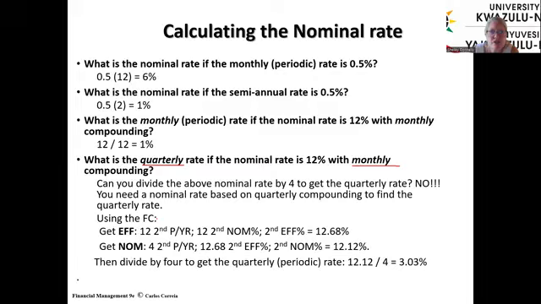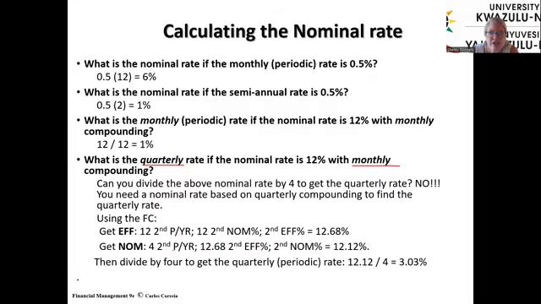We can use our financial calculator. First, we'll take the rate itself, which is 12% with monthly compounding, and we'll convert that to an EFF, an effective rate. So I'm putting my PYR setting on 12. Then you enter 12 as your nominal percent and you ask for the effective rate. It's 12.68. Then you feed that 12.68 into your next process as your EFF percent.